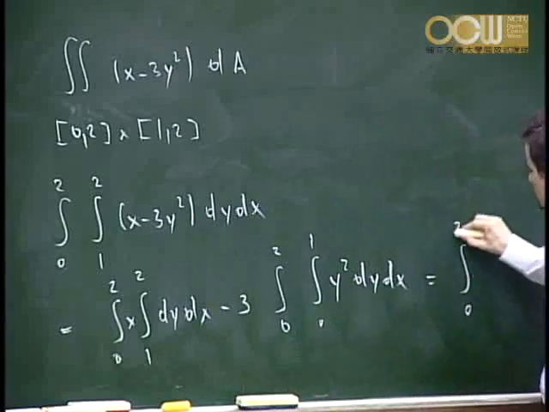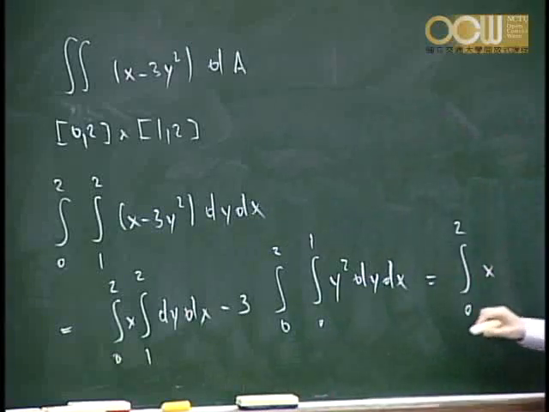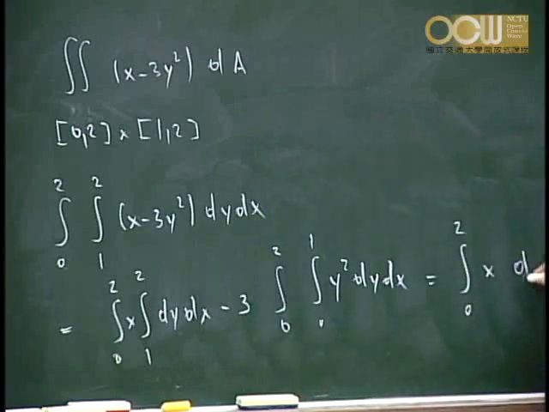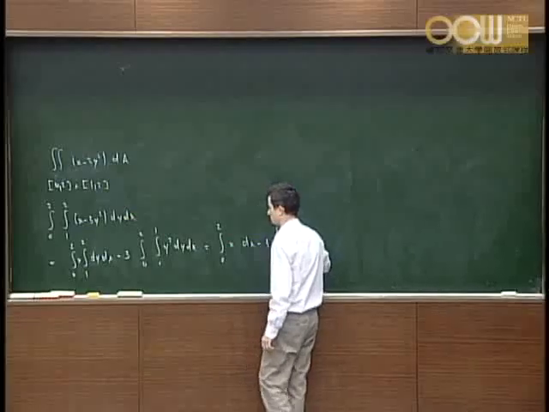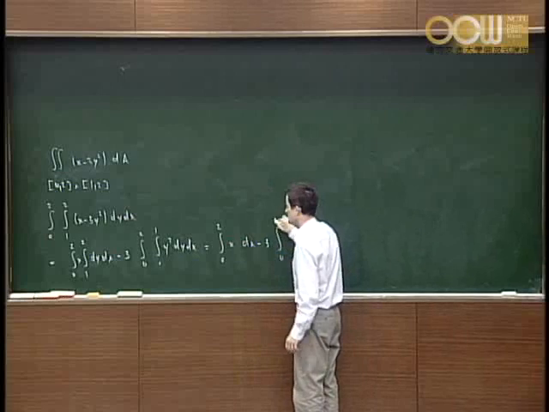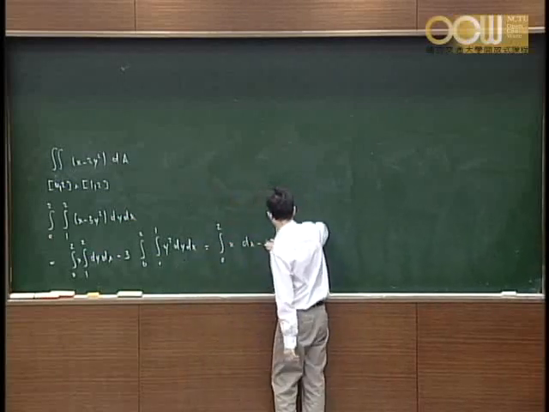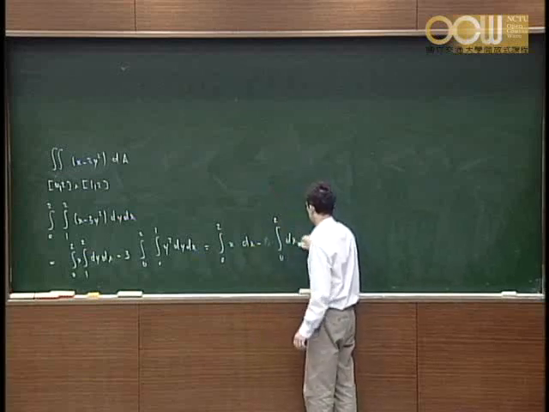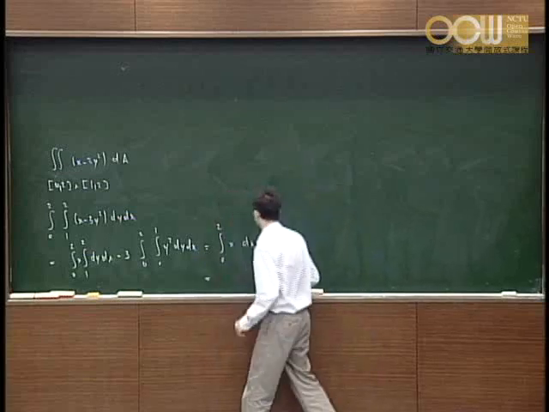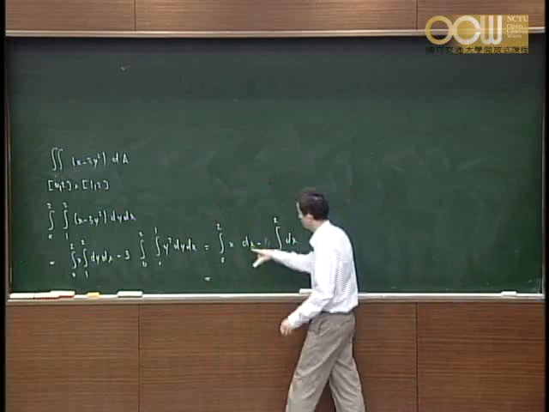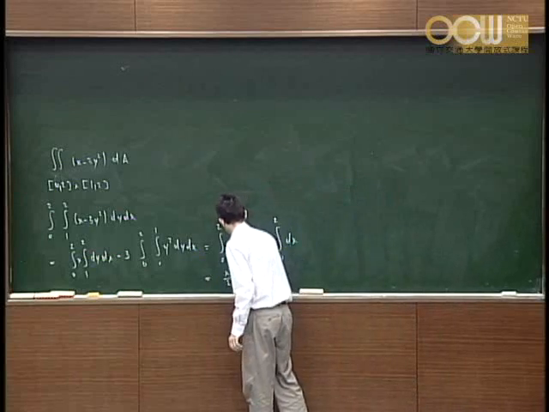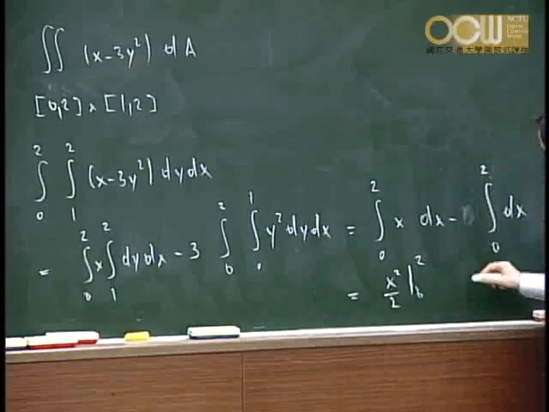You have the integral from 0 to 2 of x, this is just 1 here, dx, minus 3 times the integral from 0 to 2, and the y squared integral gives you 1 over 3, so you can erase this, x. So what we get is x squared over 2 evaluated at 0 and 2, minus 2.